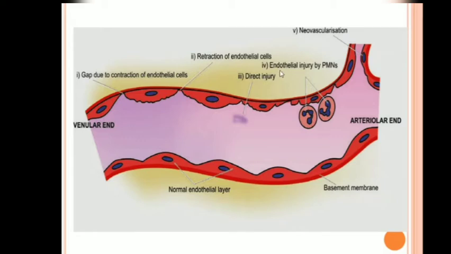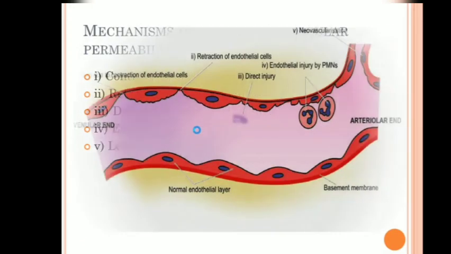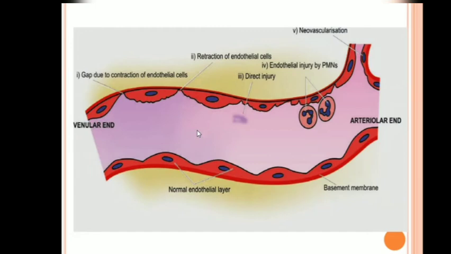Fourth, endothelial injury by the polymorphonuclear cells, neutrophils. And then fifth, we have the new vascularization. So this diagram explains the whole of this. I hope you have got the diagram.